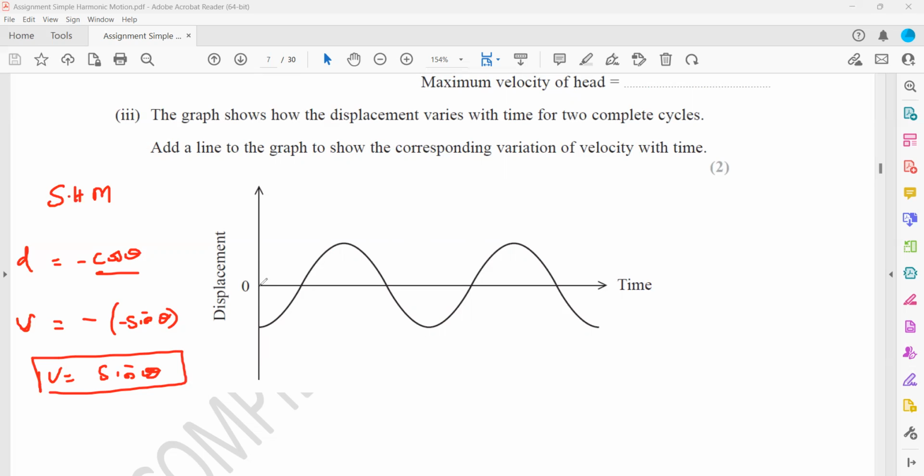How does the sine graph go? It will start at 0 and just complete the cycle: quarter cycle, then half, then 3/4, and then one cycle.